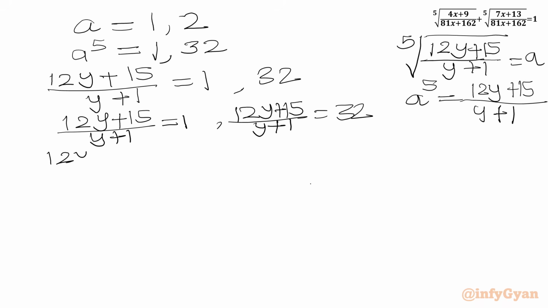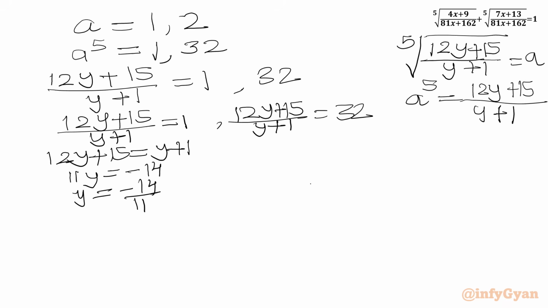We will get 12y plus 15 equal to y plus 1. So we can write here 11y equal to 1 minus 15, which is minus 14. So y will become minus 14 over 11.